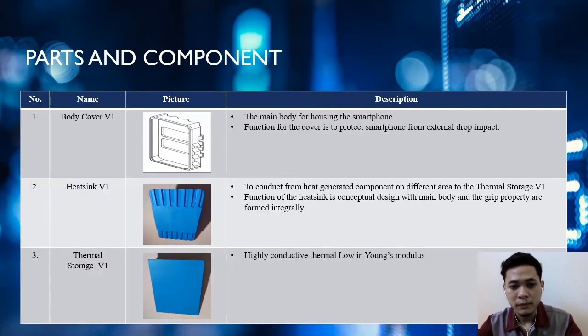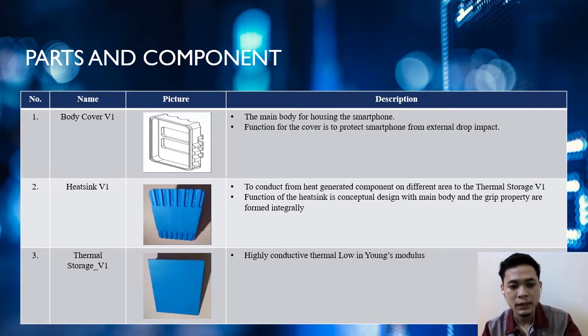Next, for the parts and components, we have only seven parts in our product. The first part is the body cover. The function of the body cover is to cover and protect the smartphone from external drop impact.